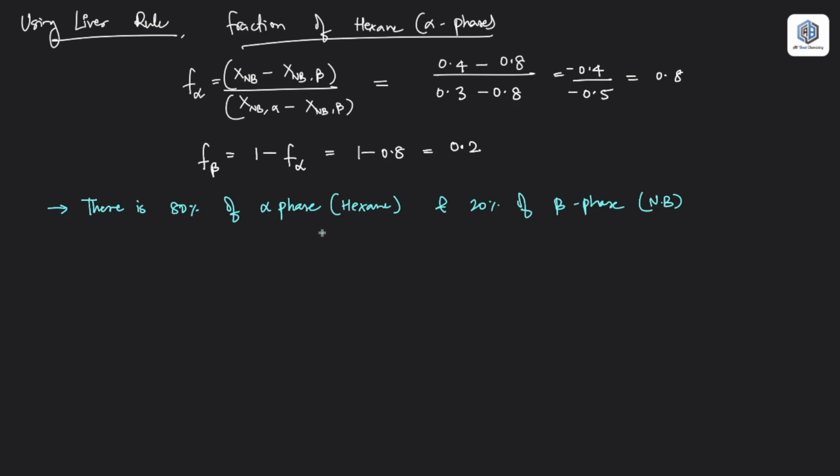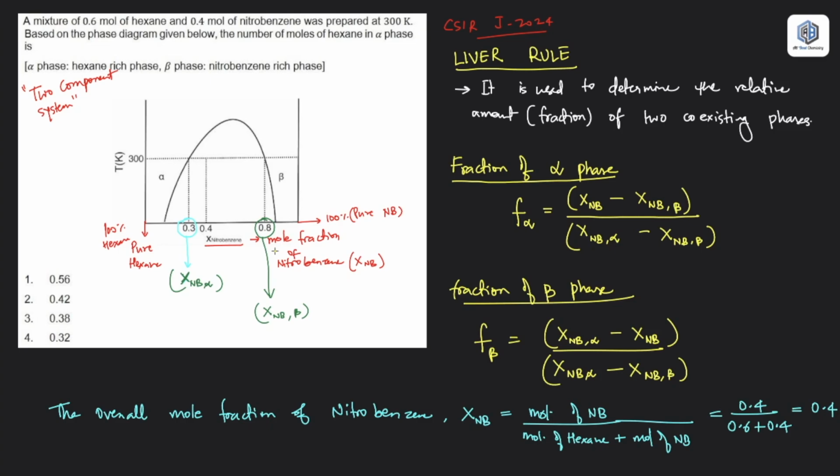Now we have to calculate the mole fraction of hexane. Okay, why I am doing so, I'll tell you. First of all, let's calculate. So the mole fraction of hexane you can simply calculate because it is a two component system, and you already know that the mole fraction of nitrobenzene is 0.4.